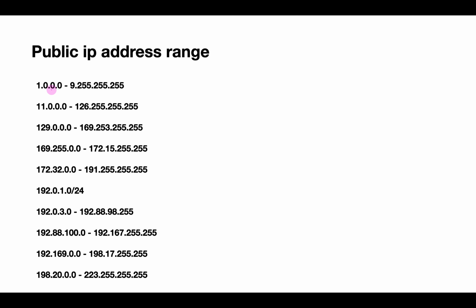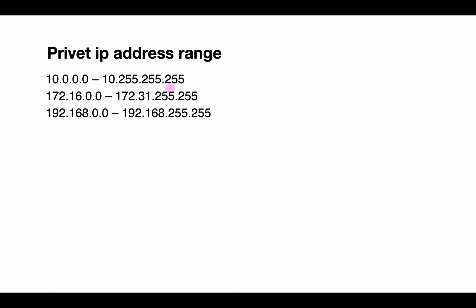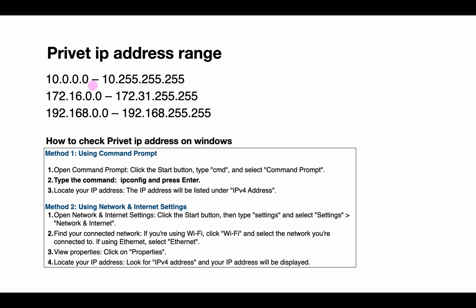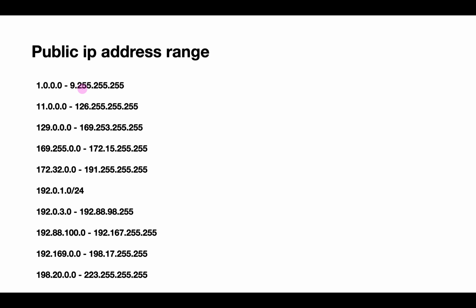From 1 till 9, because after this the 10 block is the private IP, which is excluded. It is reserved for private use. So till 9, then from 11 to 126, again 127 is reserved, and then 129 to 169, and all these other categories. So these are the ranges of the public IP address.